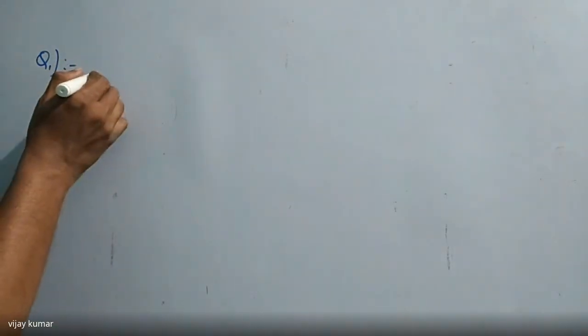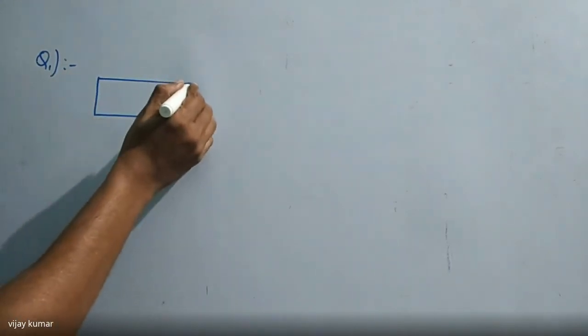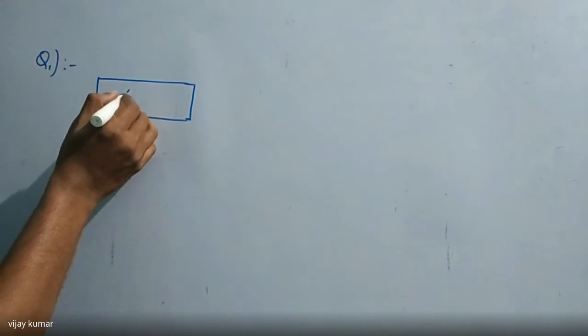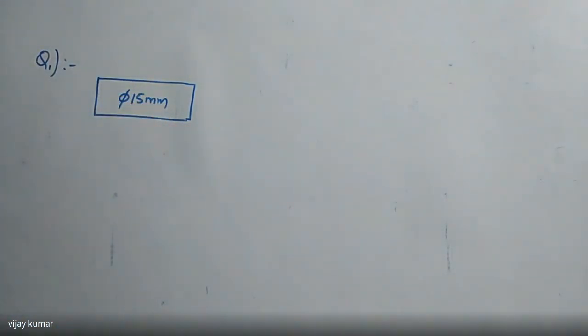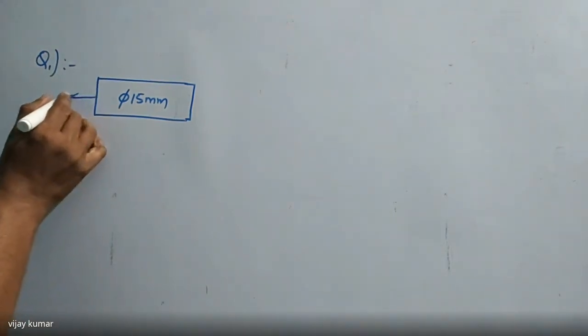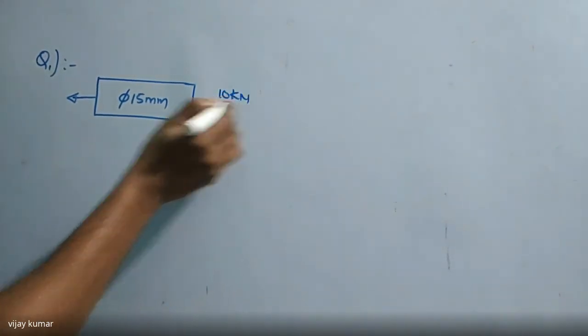Here is a steel bar of 15 mm in diameter, that is phi is 15 mm is given, pulled axially by a force of 10 kilonewtons. I can apply a pull of 10 kilonewtons like this.